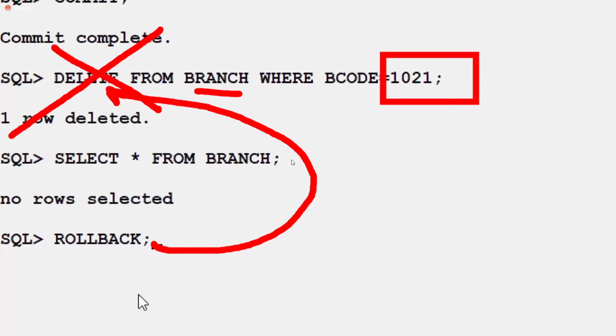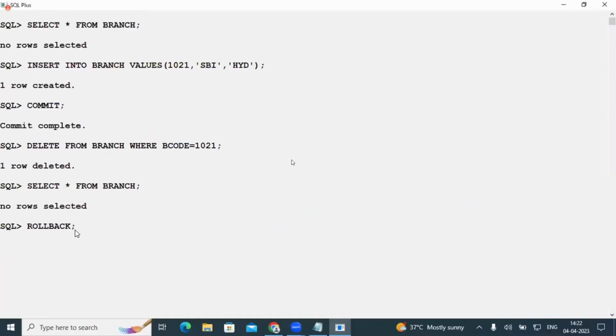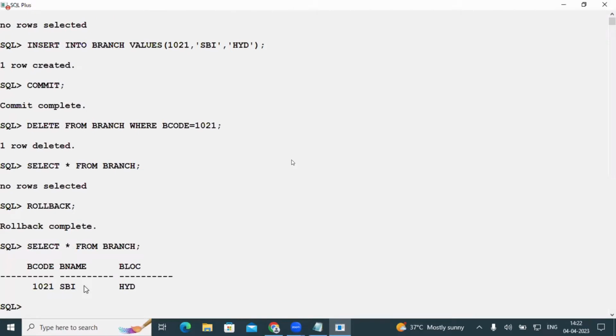So now I use rollback. After rollback, you can call select star from, what is the table name? Branch. Then you can see your data has come back to its first position.